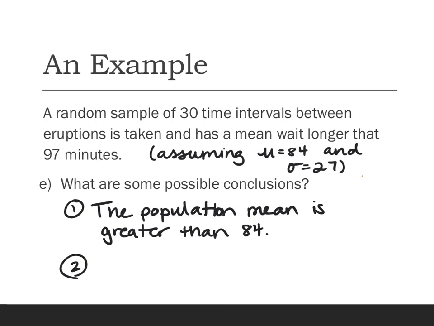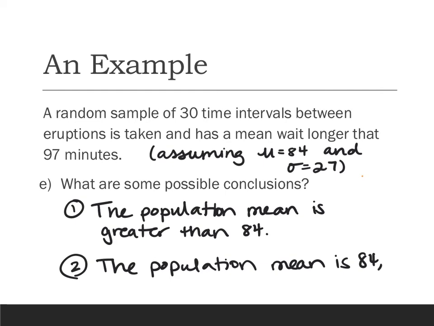So this could just be that the population mean is 84, but this is just a rare sample. This sample is unusual, but it doesn't necessarily mean that the population mean was wrong.